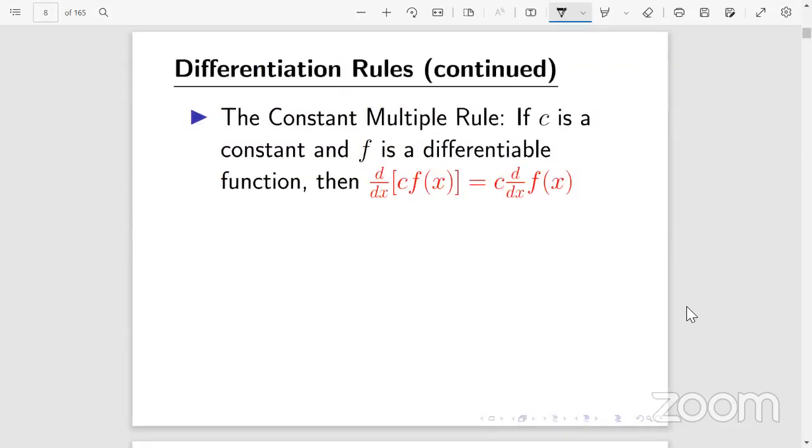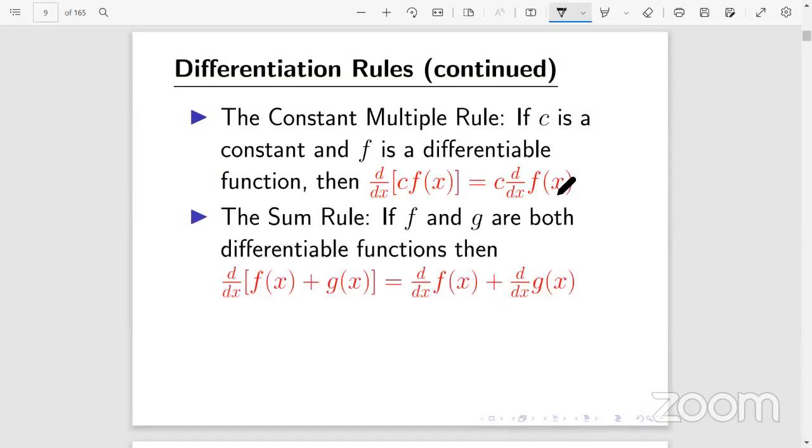If we continue with them, whenever you have a function multiplied by some constant and you want to differentiate this, you can factor out the constant, then differentiate the function. We'll explain why this is true. We also have what we call the sum rule. The sum rule says that whenever you have functions that have been added and you want to differentiate them, you can differentiate the functions individually, then add them to get their derivative.